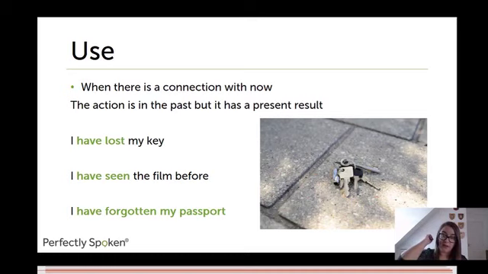You lost the key in the past, but it's still true now. I have seen the film before. I have forgotten my passport. So these situations, the event might have happened in the past, but the effect, the result is still true now. So we need a present perfect tense.